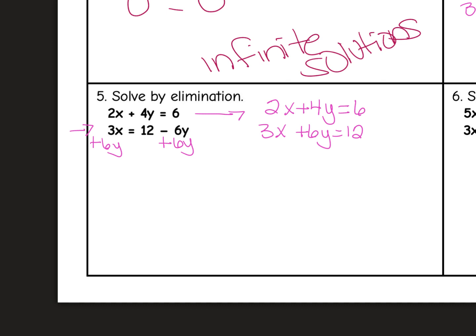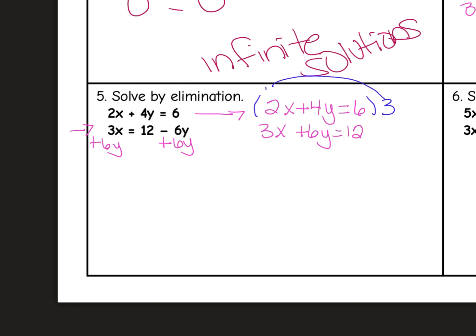And the same thing with 4 and 6. So what I'm going to do is multiply both of my equations so I can create a 6x.